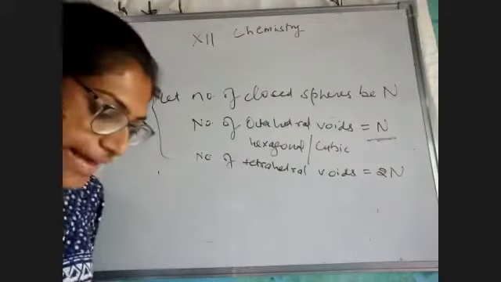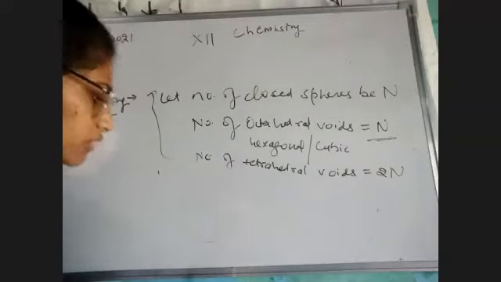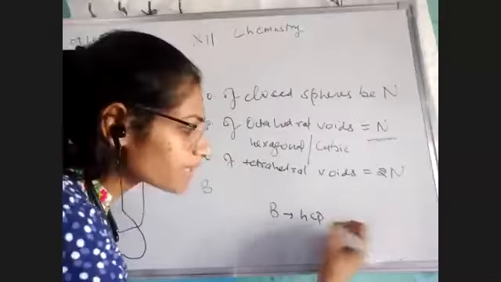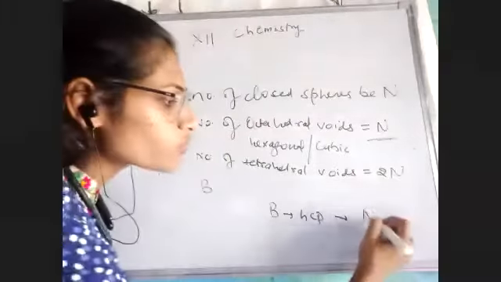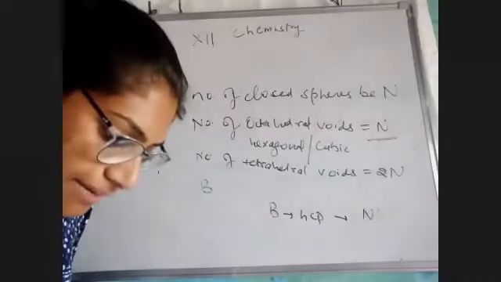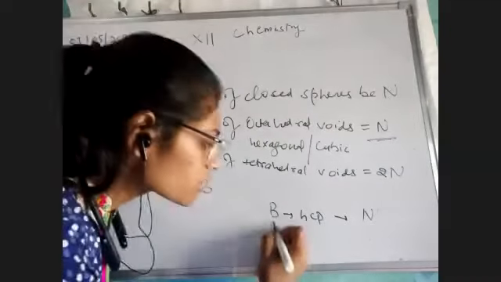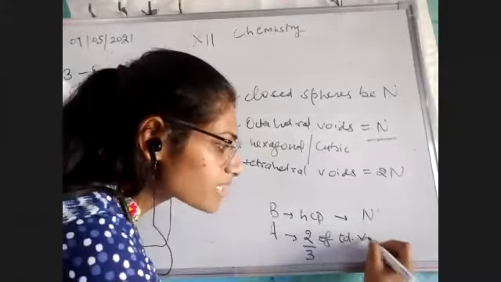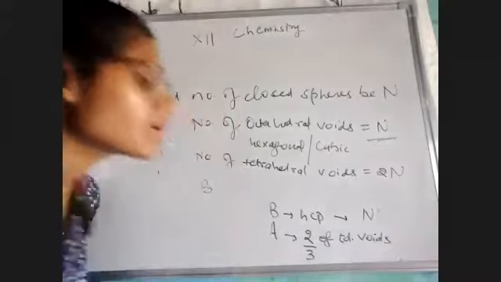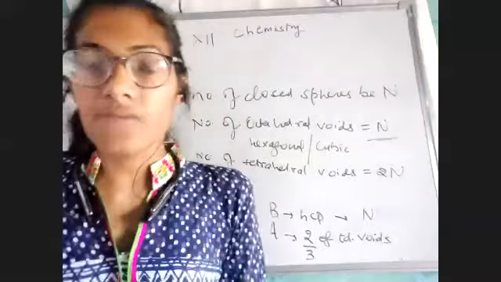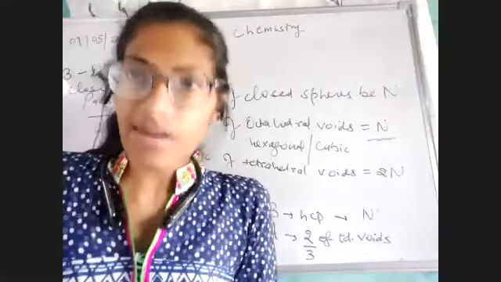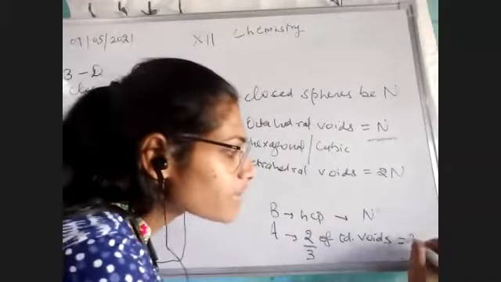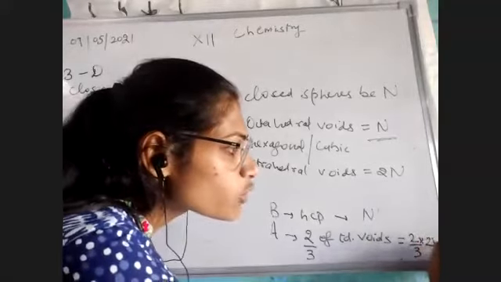The atoms of element B form hexagonal close packing, so the number of B is n, and element A occupies 2/3 of the tetrahedral voids. Please keep in mind the question says we have 2/3 of tetrahedral voids, and tetrahedral voids represent 2n, that means 2/3 into 2n.